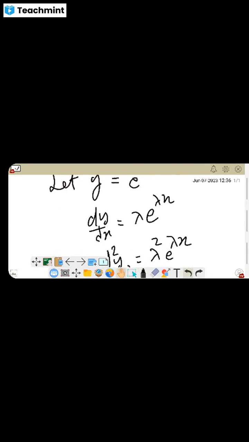Let us learn how to find a solution of the non-homogeneous equation. Okay, ma'am. Let us write here homogeneous.